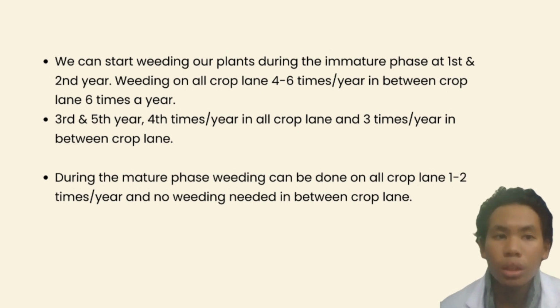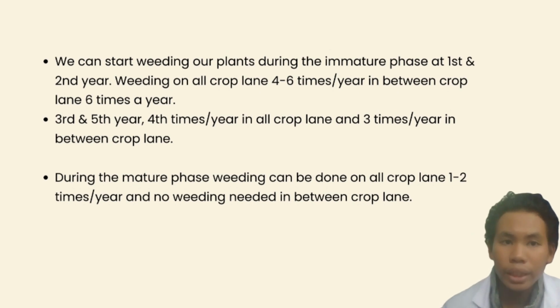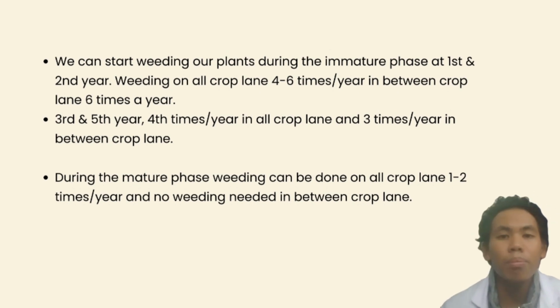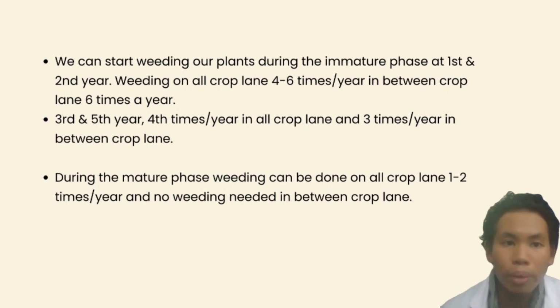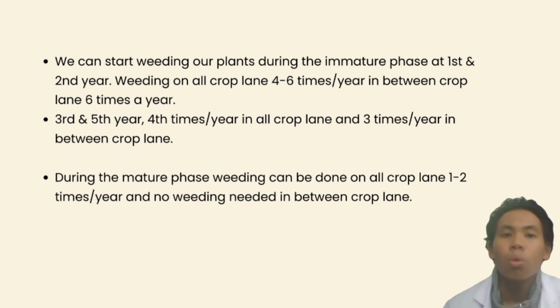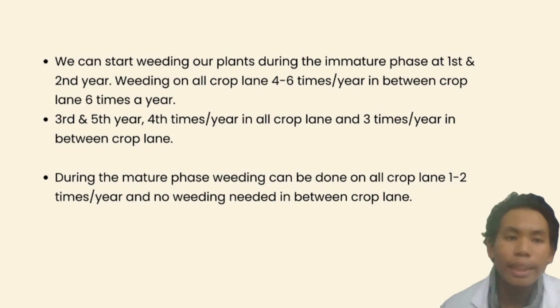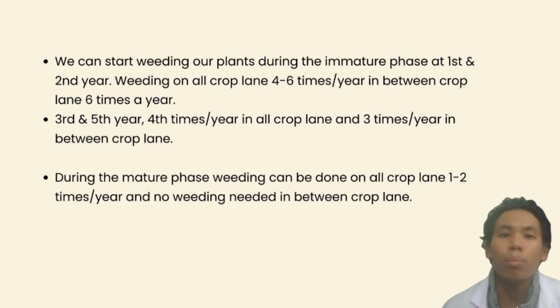In the third to fifth year, weeding is done 4 times per year on all cropland and 3 times per year in between cropland. When the trees are mature, weeding can be done on all cropland 1 to 2 times per year, and no weeding is needed in between cropland.